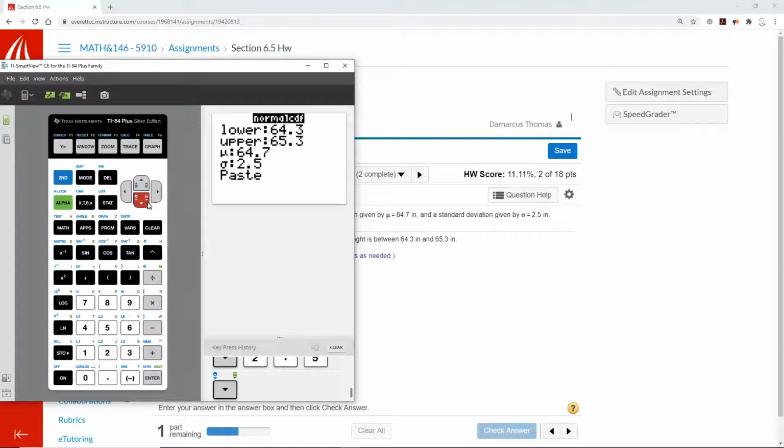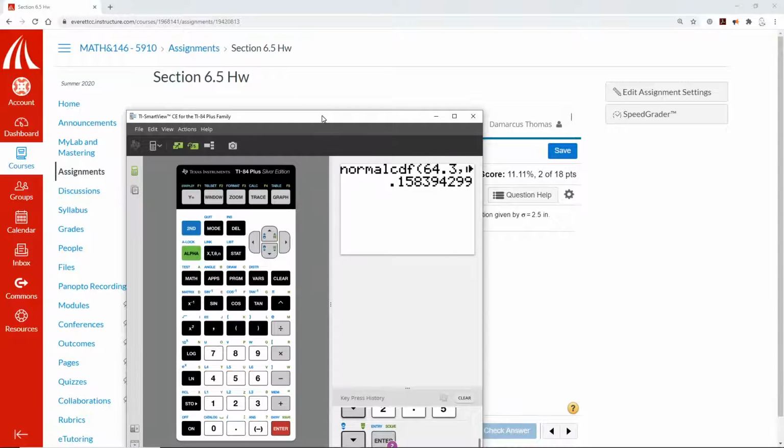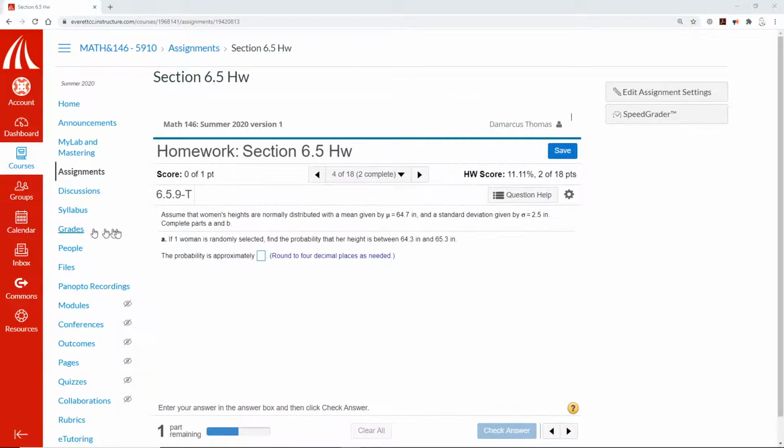This is a 6.3 kind of question, the kind of question you had to do in section 6.3. You hit enter, you get 0.1584.